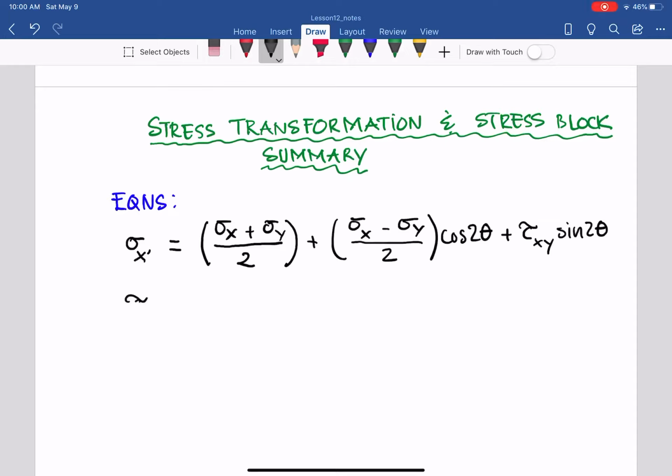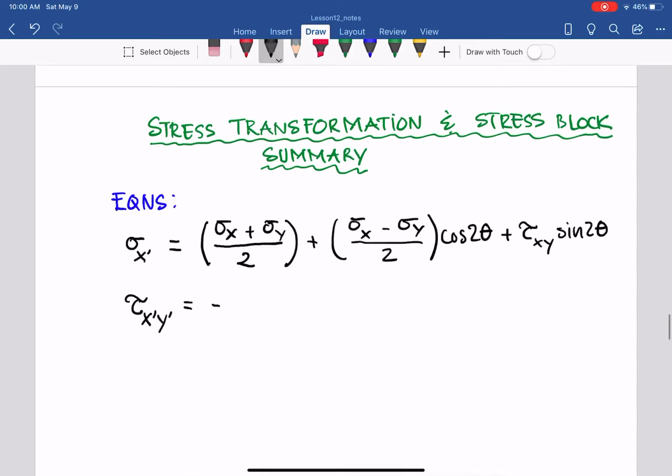And of course, the associated shear stress on the x plane directed to the y apostrophe axis. Remember, the plane is defined by the axis perpendicular to that plane.